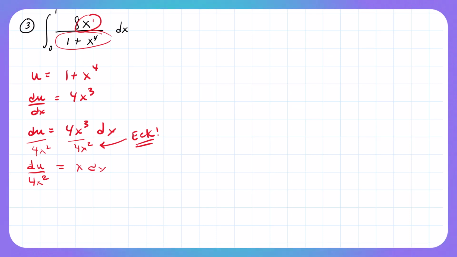when we're doing substitution. There are some programs and some videos I've seen out there on the internet where the strategy is to just solve for dx when we're making these substitutions. And while sometimes that's okay, it comes with its own set of problems.